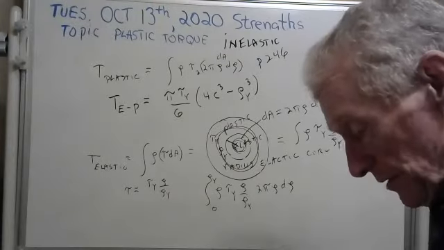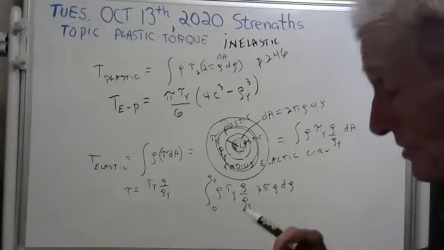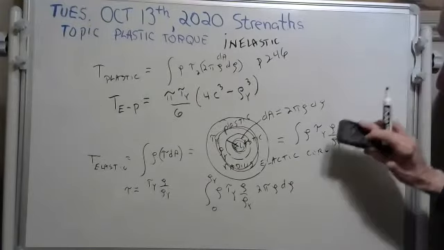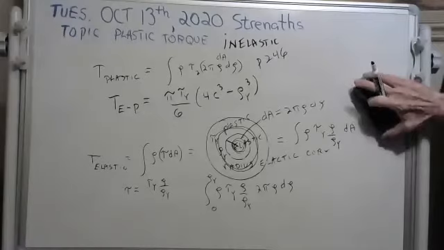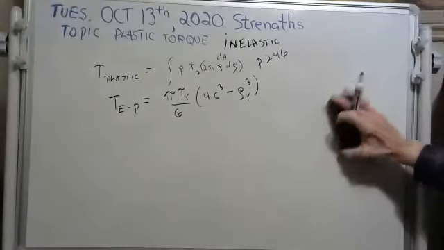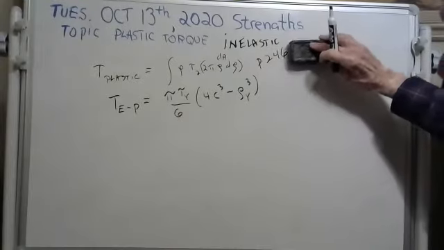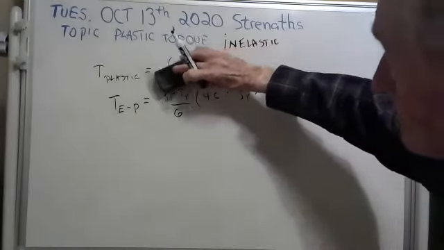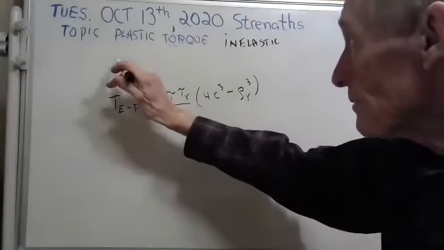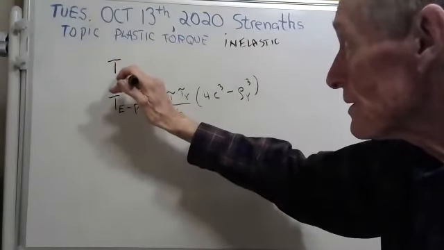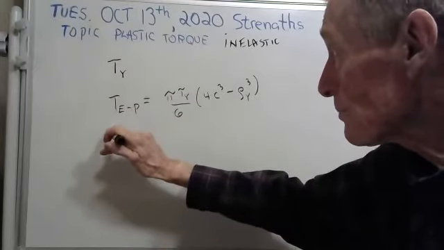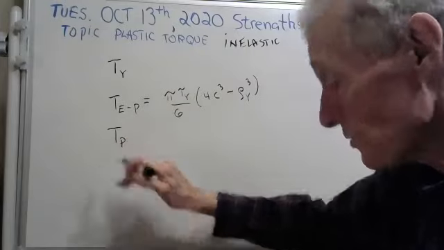All right, now that we have that, let me talk about it for a minute, and then we'll work some problems. I'm gonna erase all this jazz. And what's neat about this equation, it's on page 246, like I've said. You can get the fully elastic torque and the fully plastic torque from this equation.